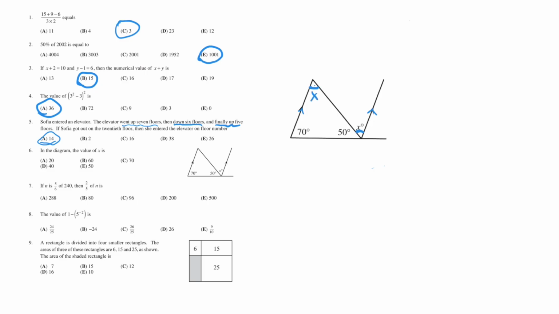So the top angle of the triangle is x degrees too. The sum of the interior angles of a triangle is 180, so 180 equals 70 plus 50 plus x. So x equals 60 degrees. Therefore, the answer is B.